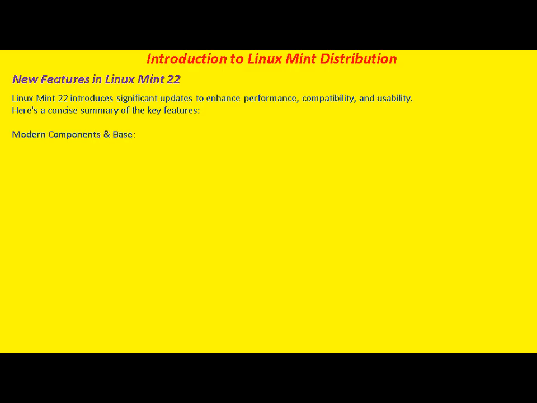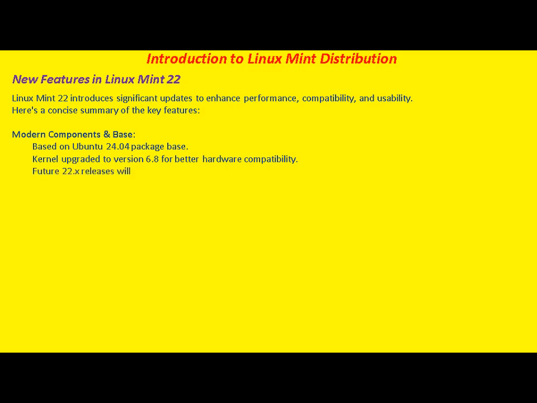Modern components and base: it is based on the Ubuntu 24.04 package base. So the Linux Mint 22 operating system is based on the Ubuntu 24.04 package base. Next, the kernel is upgraded to version 6.8 for better hardware compatibility, so it supports more hardware components.